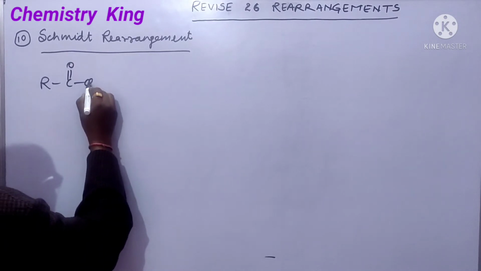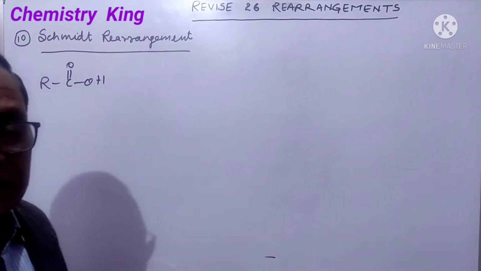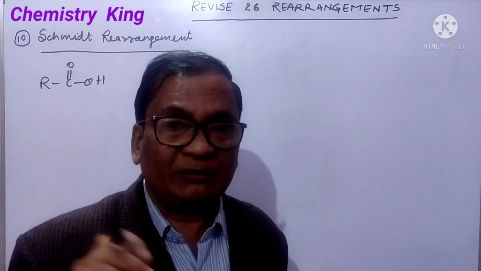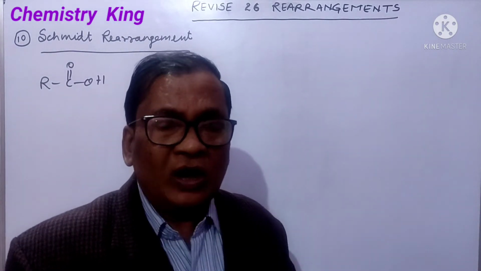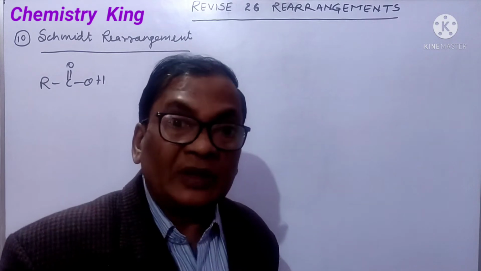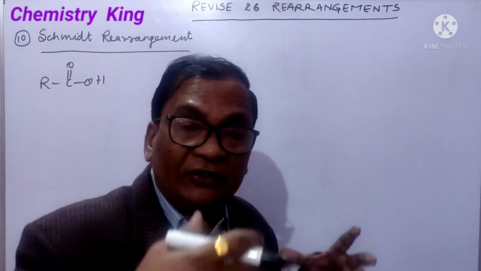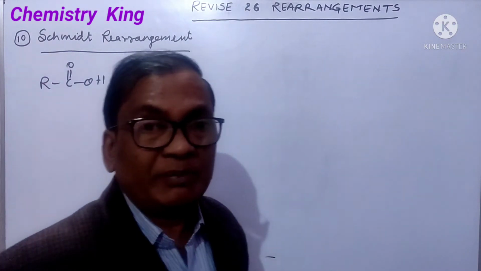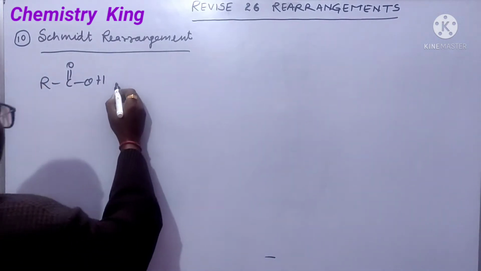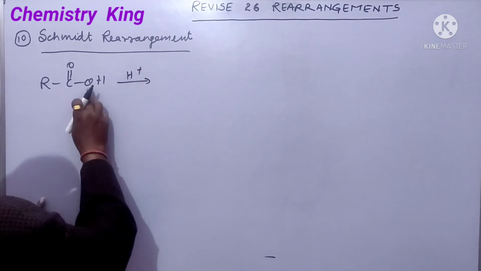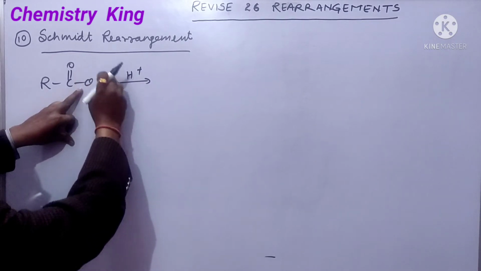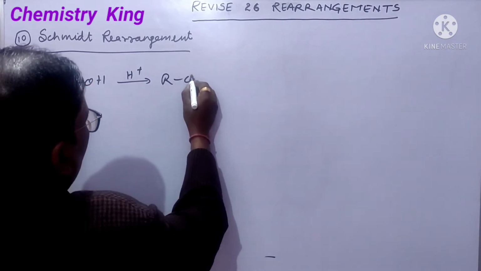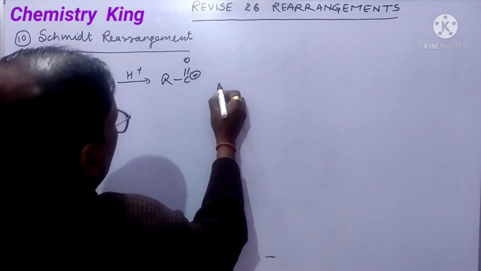Friends, you are taking 3 acids here: carboxylic acid, hydrazoic acid, sulfuric acid. I call them three idiots, and these three idiots will combine together, leading to primary amine RNH2. In presence of H plus will come here, and then water will be eliminated, leading to this carbocation.